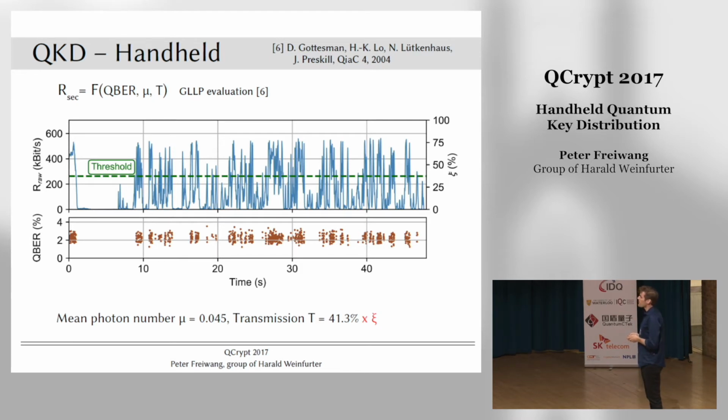Signals above the threshold are used for the secret key, and below the threshold they are discarded. And what's also important is that signals which are above the threshold are also evaluated by the transmission value for the threshold. And so we never overestimate our system.